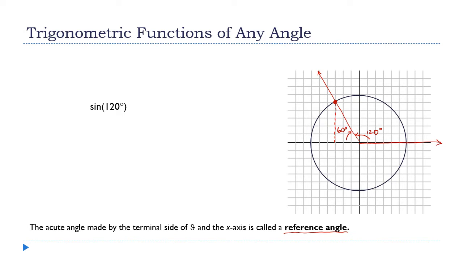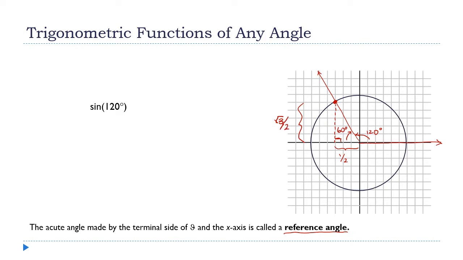Now, here's the key part. This triangle here, the one made by the x-axis, the terminal side, and that extra dashed line that I drew, is a 30, 60, 90 triangle, just like the one that we used to find the sine and cosine of 60 degrees several lectures back. Based on those calculations, I know that this distance is 1/2, and this distance is the square root of 3 over 2.